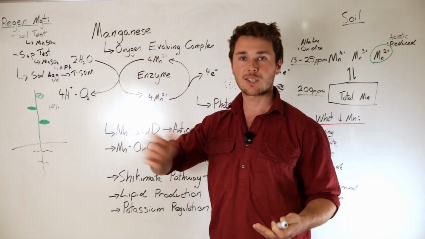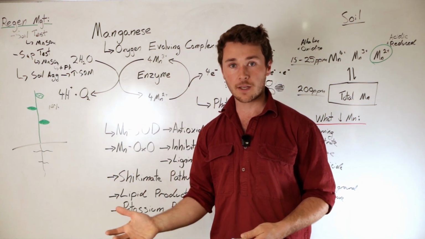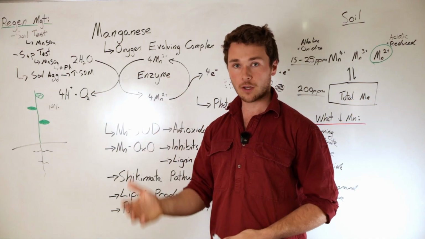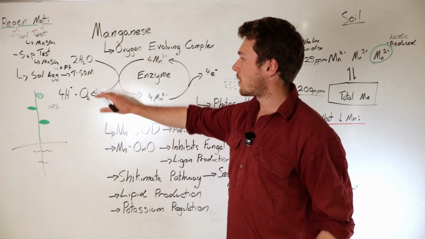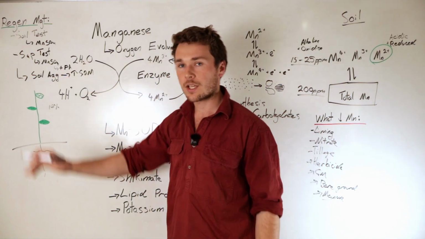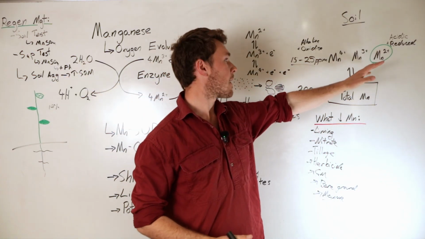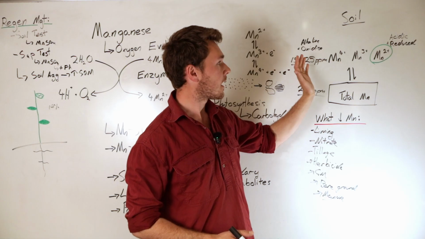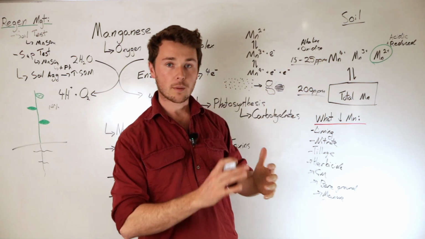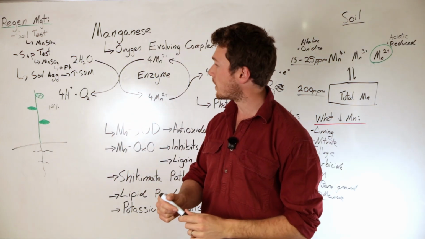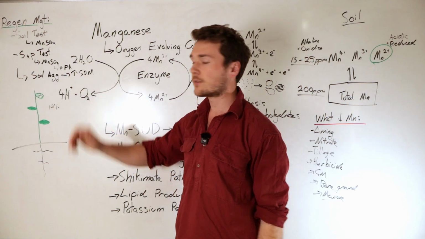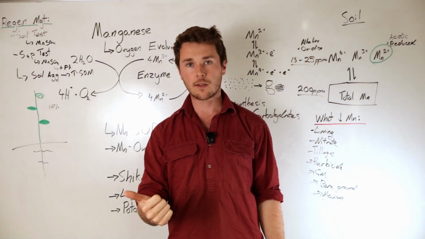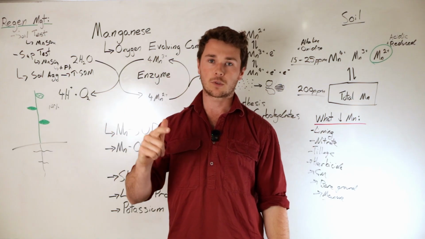To resist the change in pH is to buffer. To resist the change in redox is to poise. So soil organic matter and good aggregation poise the soil, which means you're not going to get this massive swing in manganese availability. It's going to be more stable. That only comes with good aggregation and soil organic matter levels, and again, that only comes with increased plant health or cover crops or a soil primer.